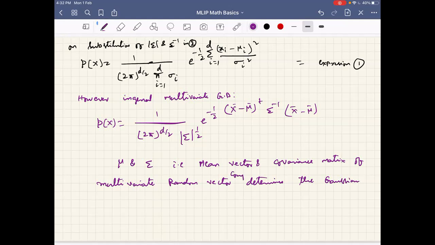Make a note of it. Usually we denote a multivariate Gaussian distribution as N of mu bar comma sigma. This is how we denote a multivariate Gaussian density.